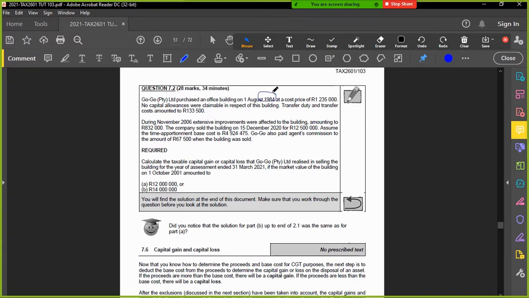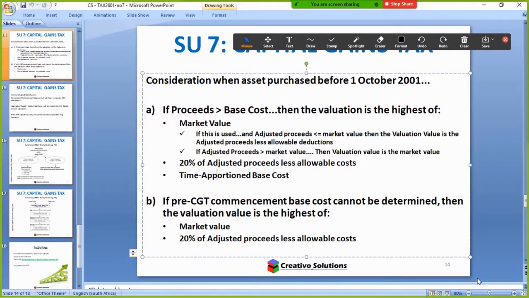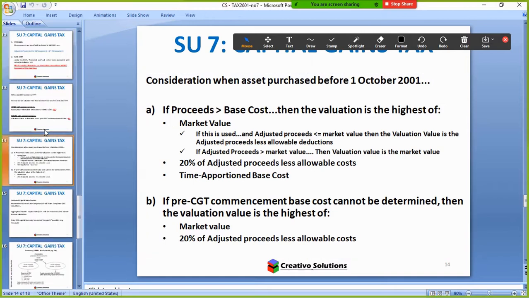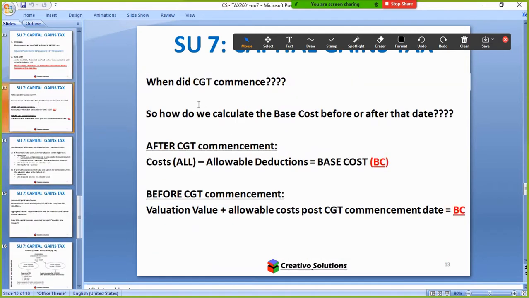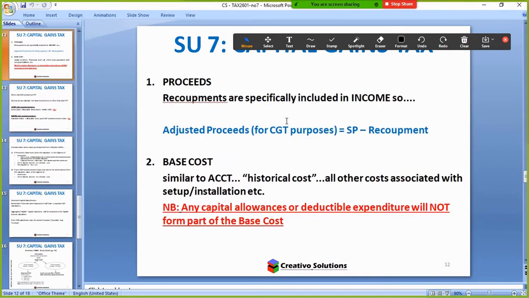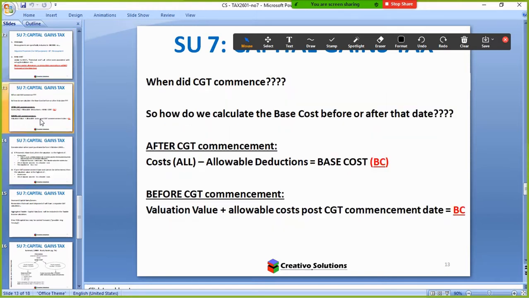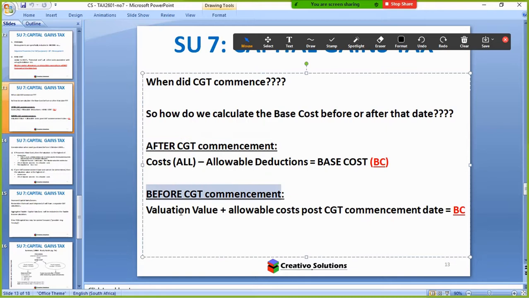GoGo Limited purchased an office building. Obviously, 1984 is before. Do you see that? Yes. So we're sitting pre-CGT. After, no. Before, yes. So valuation date value is what we're determining.